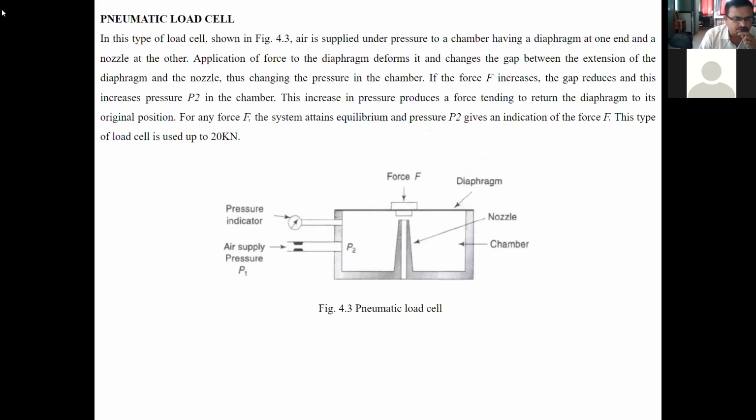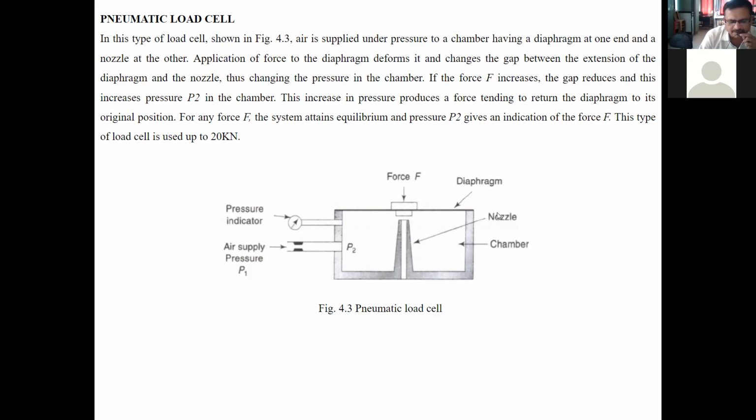Next is the pneumatic load cell. In this type of load cell shown in figure 4.3, air is supplied under pressure. See that this air is supplied under pressure at pressure P1. This is a constriction or restriction, and this air will enter inside this chamber. It is supplied under pressure to a chamber having a diaphragm at one end and a nozzle at the other.